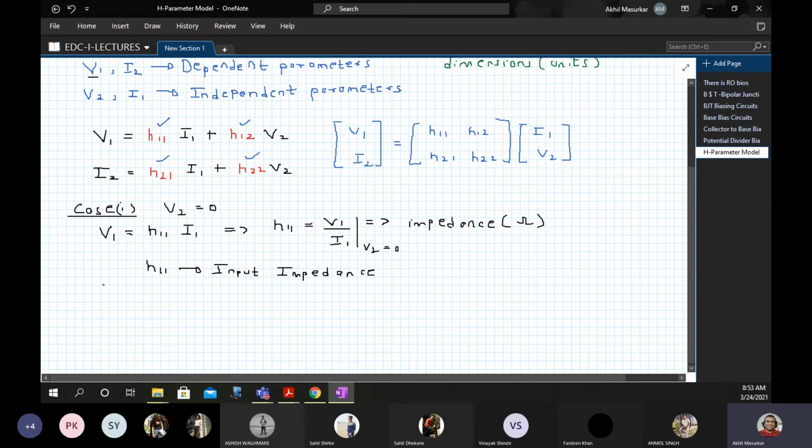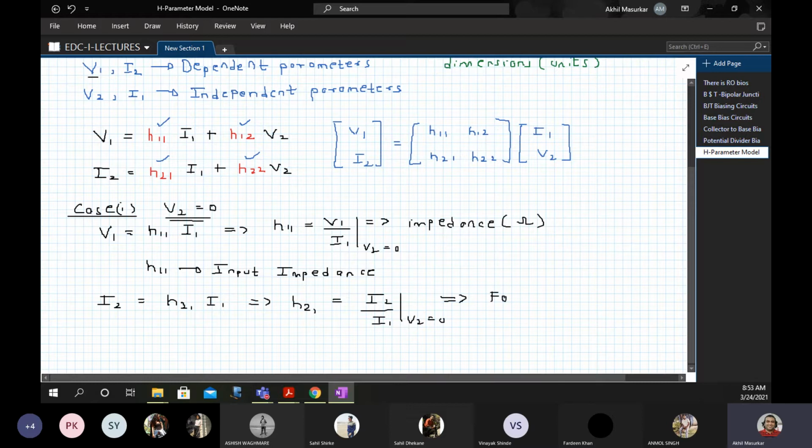Similarly, we have I2, which will be H21 into I1 when V2 is 0, and this becomes H21 equal to I2 upon I1, when V2 is equal to 0. So this is a ratio of currents, output current upon input current.